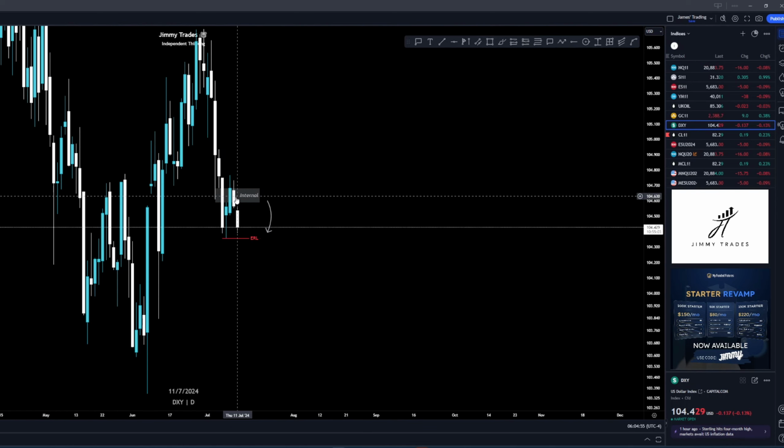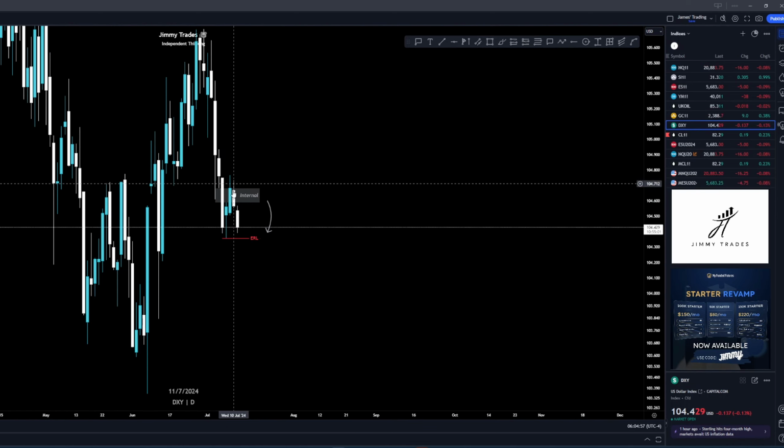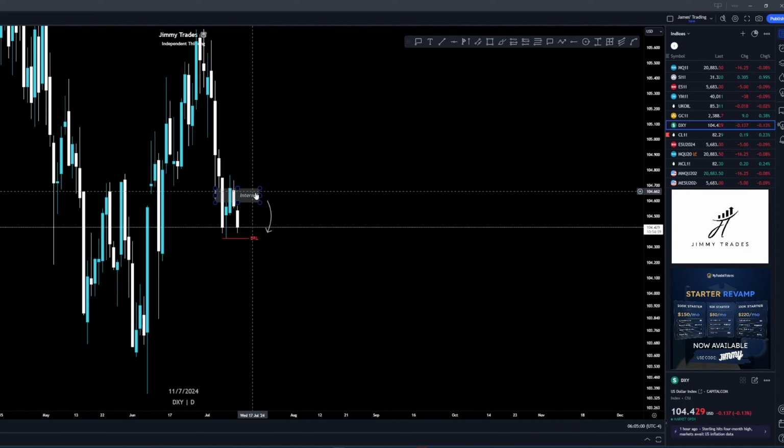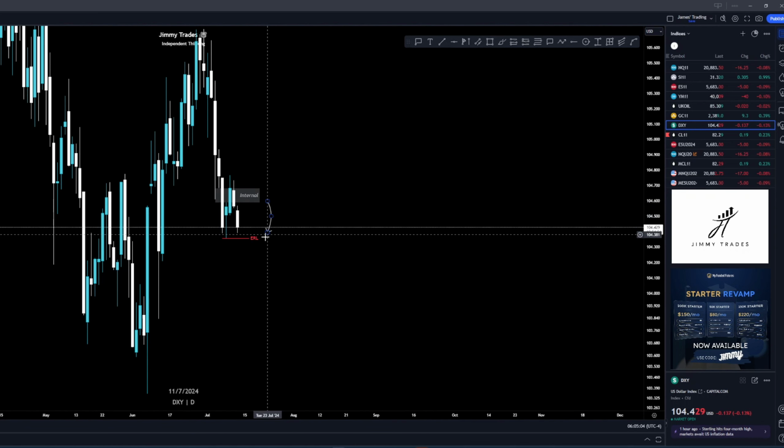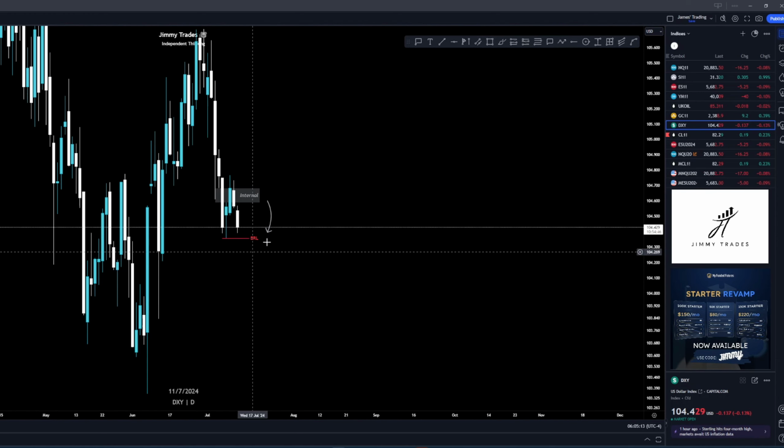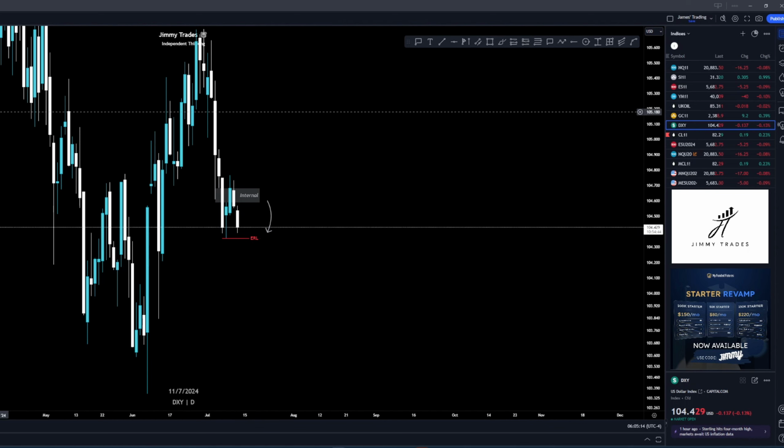So with that in mind, and then price rejecting that, we've moved from internal and we're seeking external, and price is pretty close to that level now. We can anticipate it should reach that level hopefully today. So let's clean that, jump to the hourly.